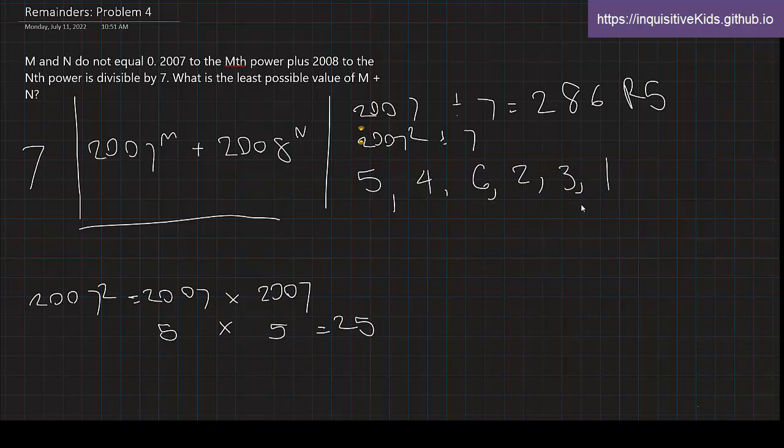And reaching 1, we know that's the end of our rotation because it's just going to repeat all over again, and then it'll be 5, 4, 6, 2, 3, 1 again.